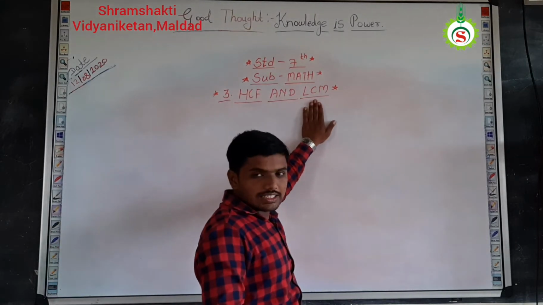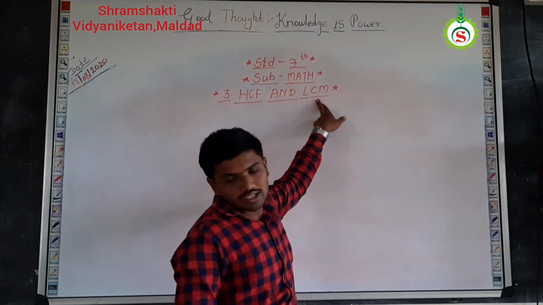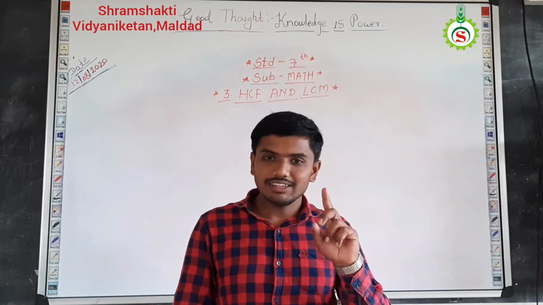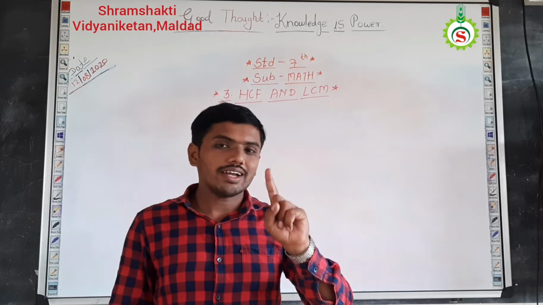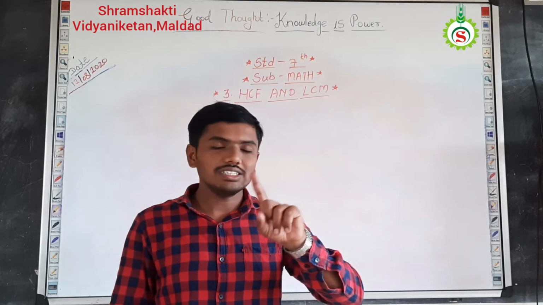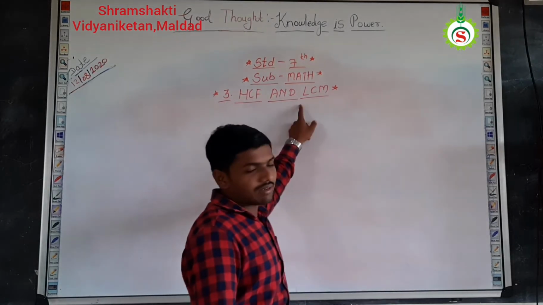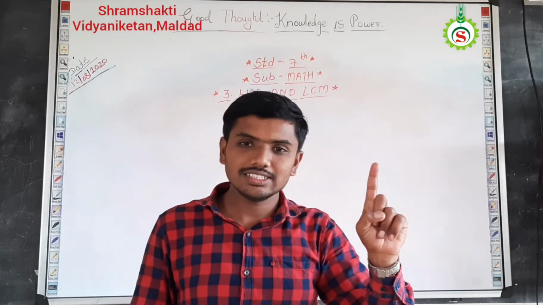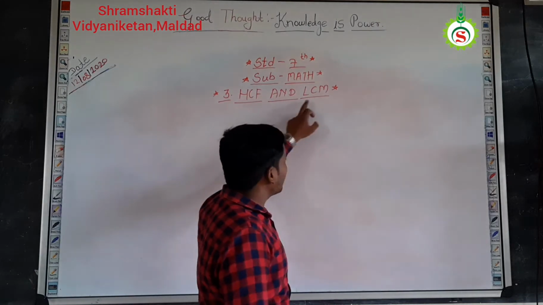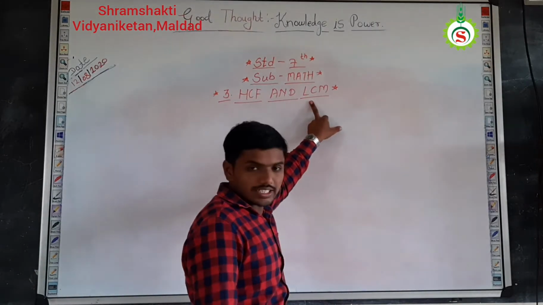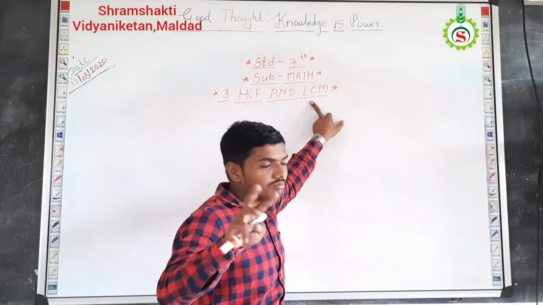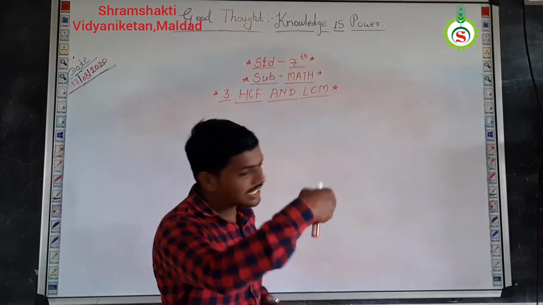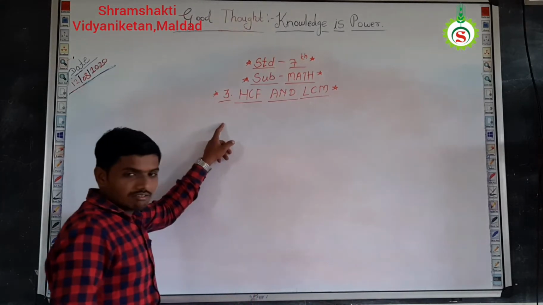Then next one is LCM, least common multiple. Now if I want to find out LCM, how many methods do I have? Only one method, which is the factorization method. Division method is not useful for finding LCM. That means I have only one option, that is factorization. Again, like the HCF, you first have to find the factors of all the given numbers, 2 numbers or 3 numbers. Once you find the factors, for finding the HCF, what did I take?